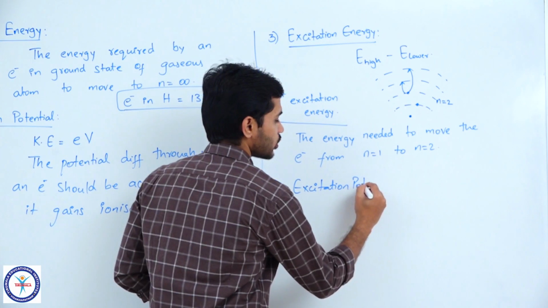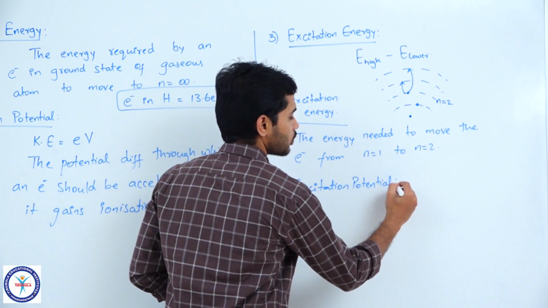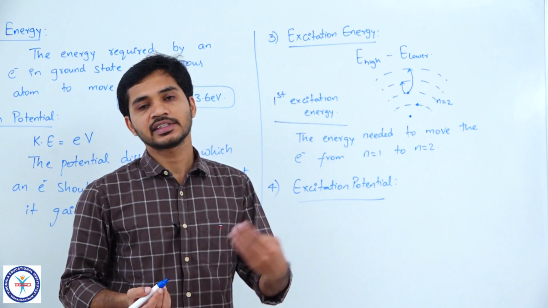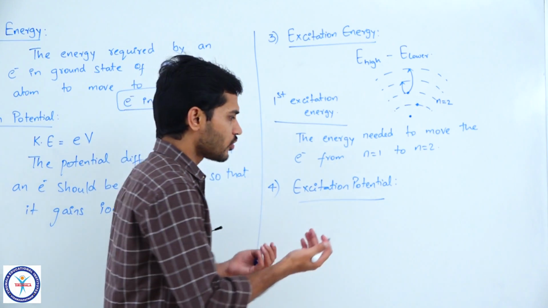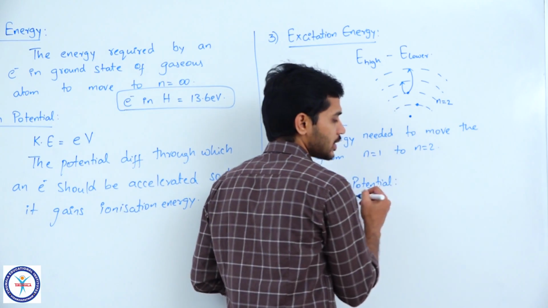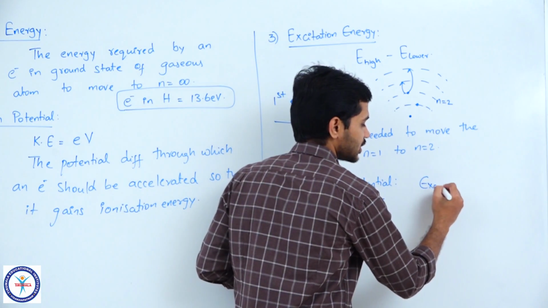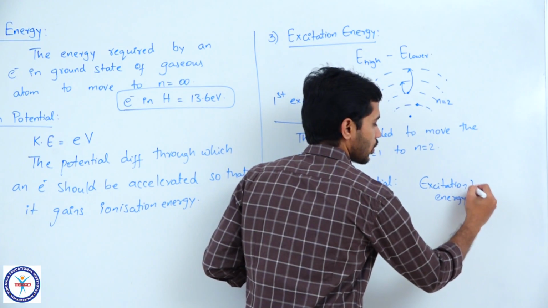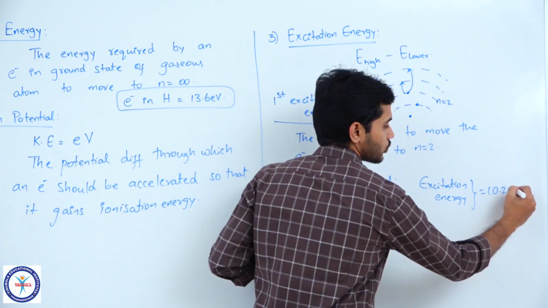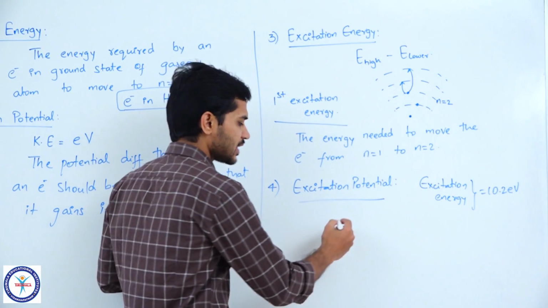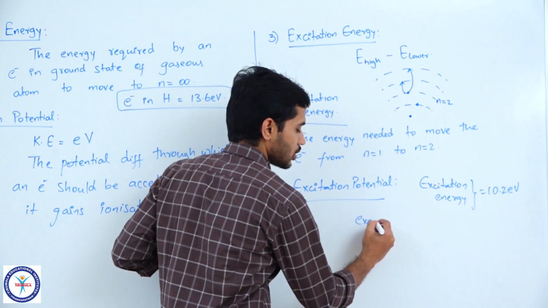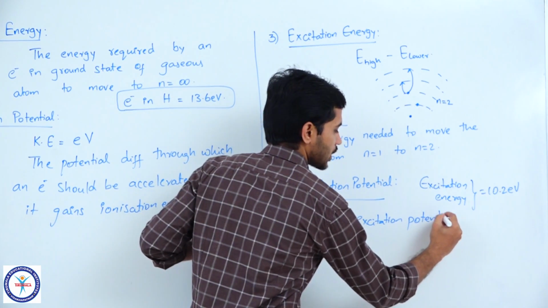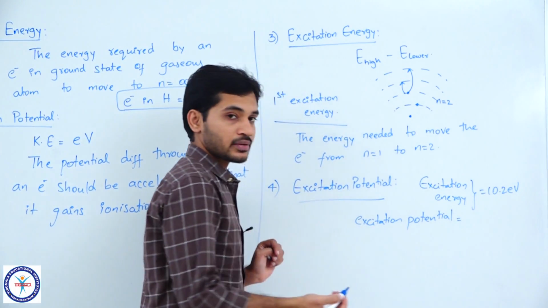And excitation potential is nothing but the potential difference through which an electron should be accelerated so that it gains that excitation energy. For example, if there is an electron which has an excitation energy of, let us say, some 10.2 electron volts, we can directly say that the excitation potential is, how much would that be?